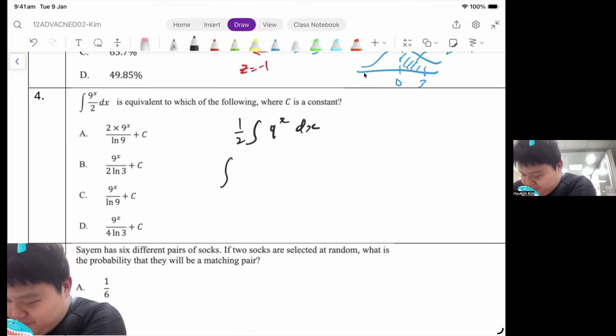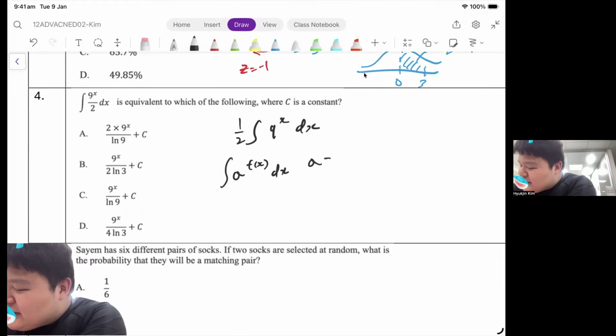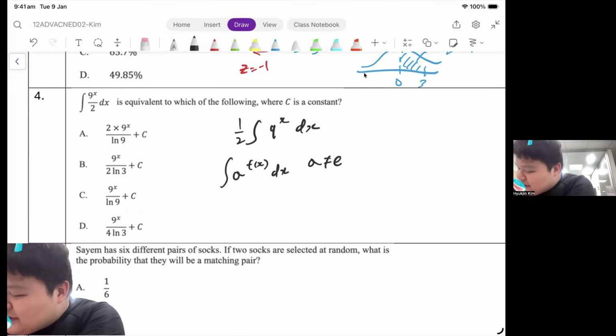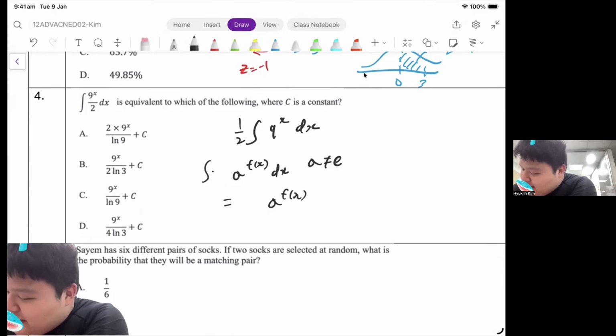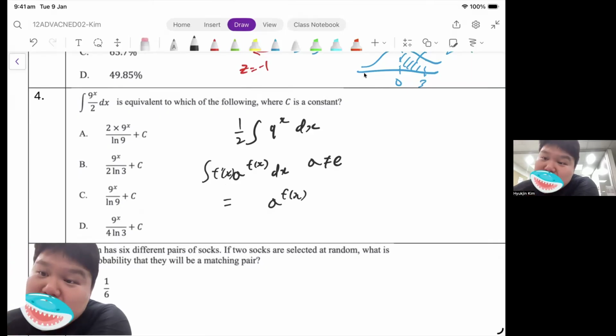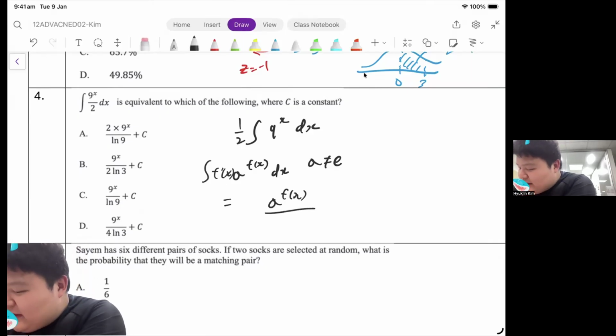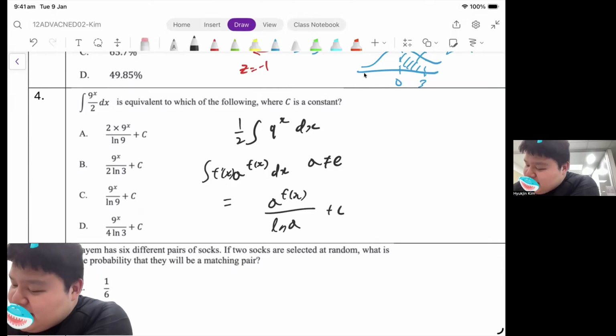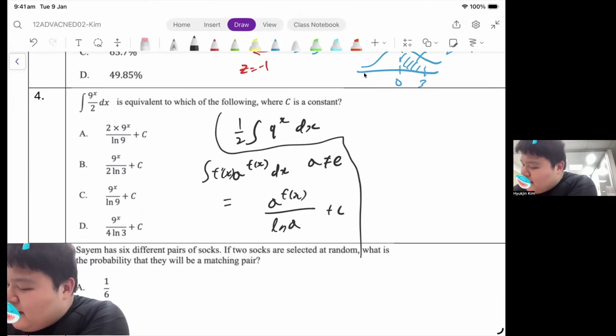If I have a to f of x integral, where a is anything but e, then this will just turn into a to f of x. Oops, sorry, that should have had f dash of x, but in this case it's irrelevant because it's just x. And we need to divide by ln of a plus c. So in this case we do the same thing.